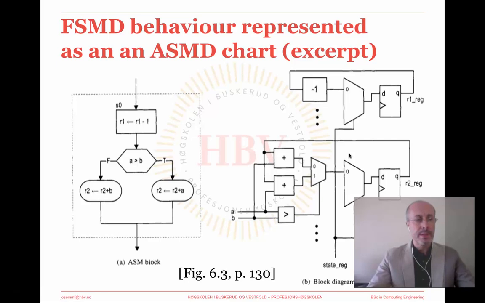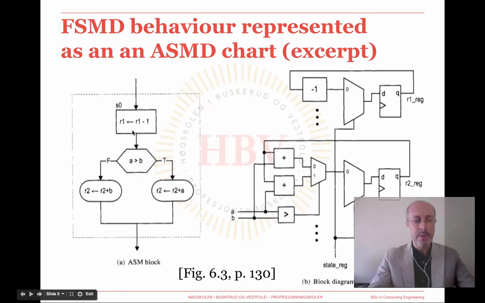Now, this example shows a slightly more elaborate case, including the operations associated with an ASMD block. In this case, you see that all the ASMD block components deal with register transfer level operations.